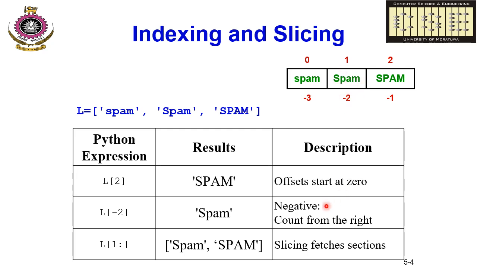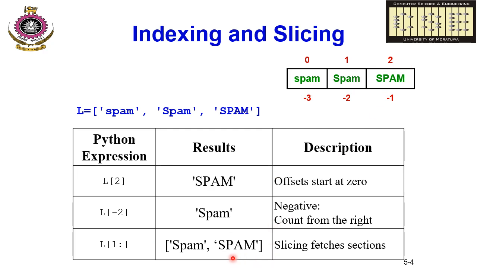And then slicing, we are somewhat familiar with that. When we say something like this, it is to start from index 1 and go until the end of the list, until the last index of the list. So here in this example, index 1 is this and the last item is this.